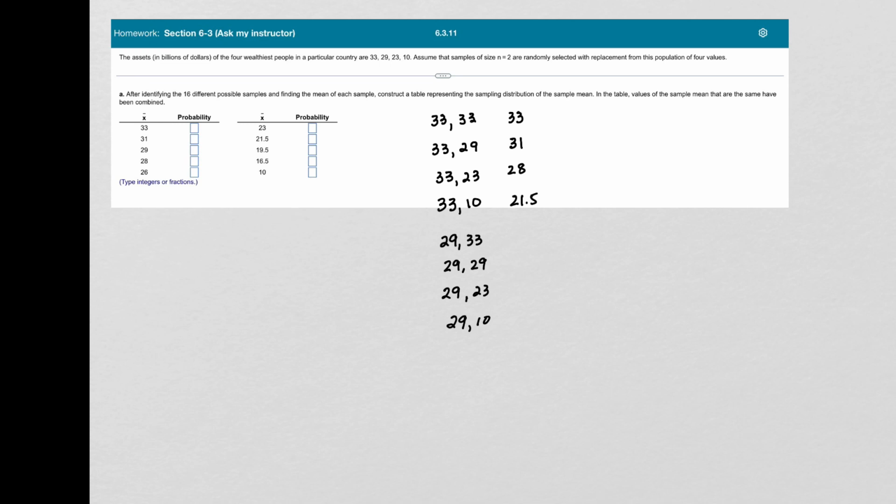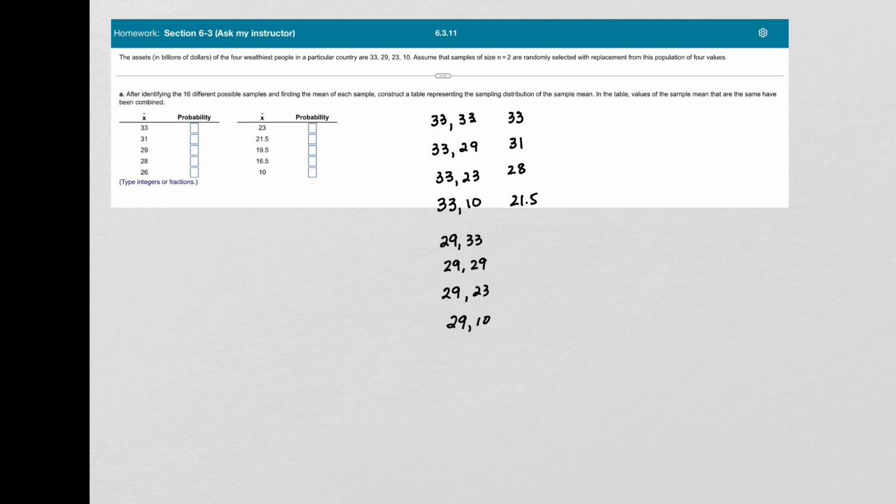And since there's 4 values, we know that there's going to be 4 times 4, or 16 possible samples when we're selecting with replacement. And I'm looking for how many of each of these values are there within that list.